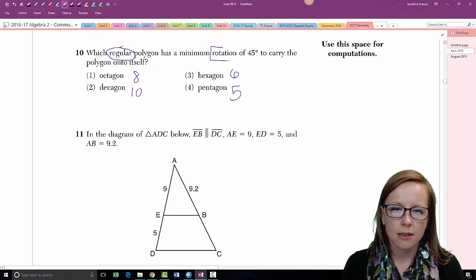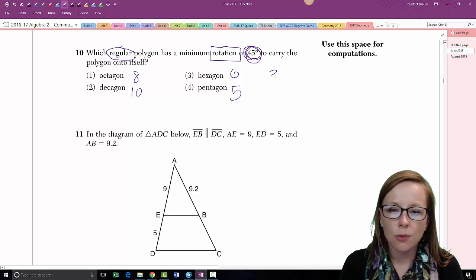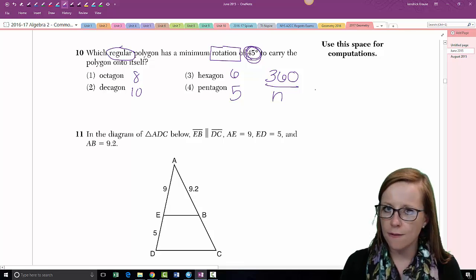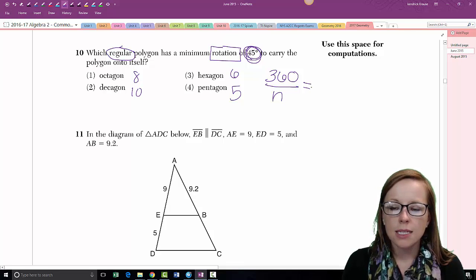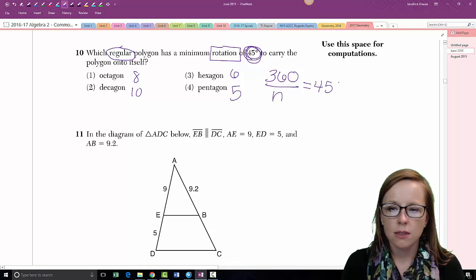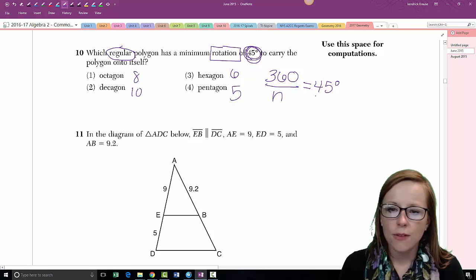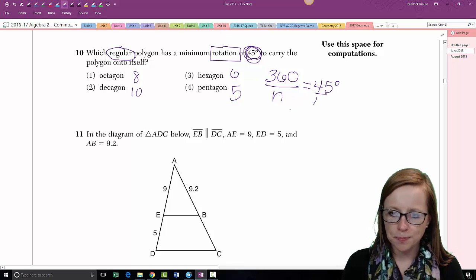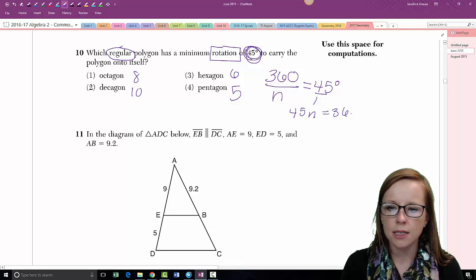And we're rotating. So 45 degrees. I want to basically know, taking 360 degrees, which is 1 full turn, divided by what number, I'm going to call it n for number of sides, is equal to 45 degrees. So, favorite thing to do in math is cross multiply. 45n is equal to 360.